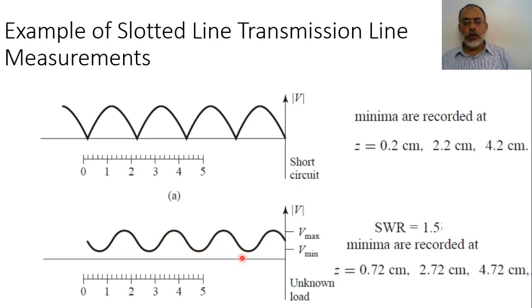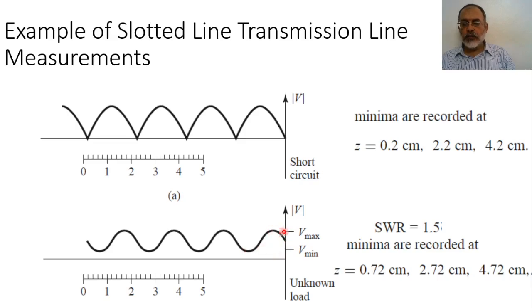It should be noted here that the minimum voltage doesn't reach 0, which means that there is no complete reflection. And the standing wave ratio in this case would be the value of V maximum to V minimum.